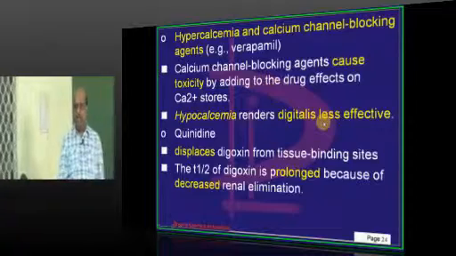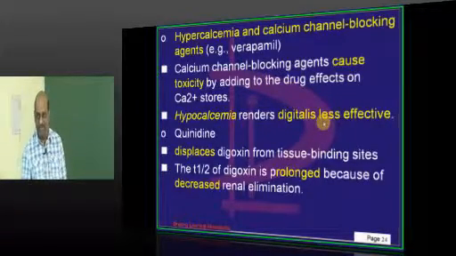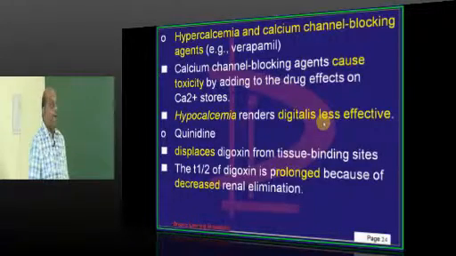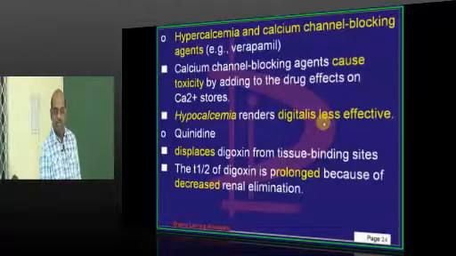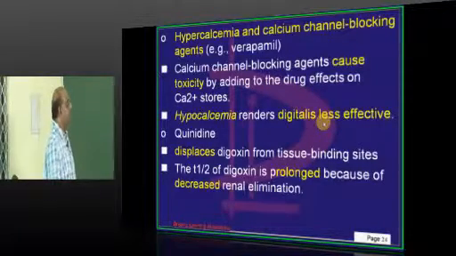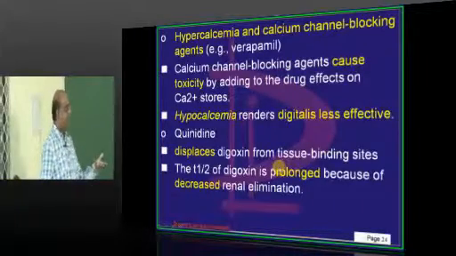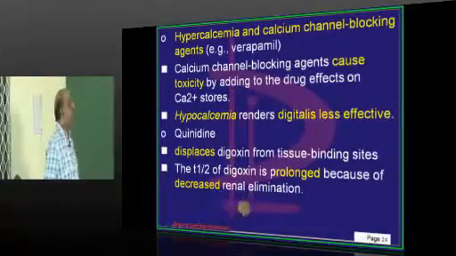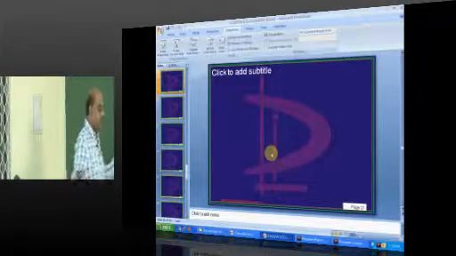They also act by a similar mechanism of interrupting the travel of calcium inside and outside. So there is a reason. If hypocalcemia is there, digitalis becomes less effective. Then quinidine: quinidine will displace digoxin from tissue binding sites, and hence it will prolong the half-life and decrease the renal elimination of digoxin. That is what you have to remember.